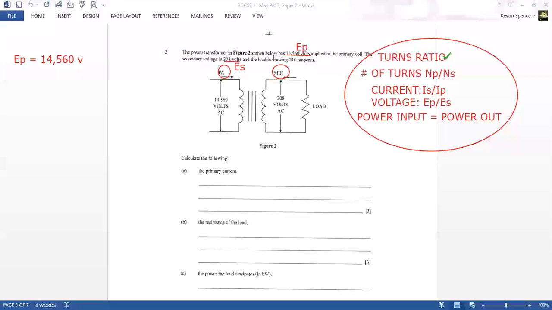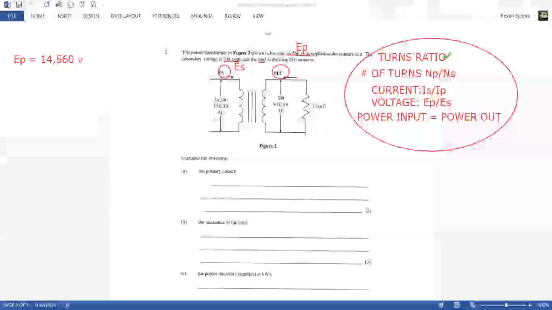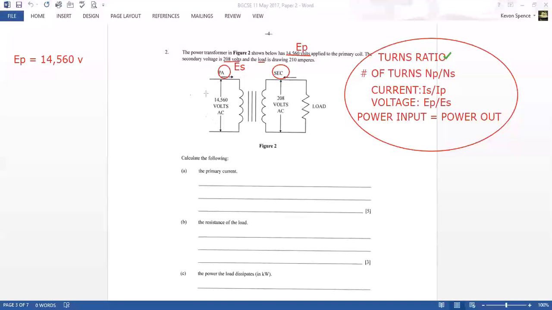And then it says the load is drawing 210 amperes. So now you say to yourself, the key word here is load, and you look on your diagram and you remember that the purpose of the primary coil is to supply the transformer with the input. So the primary side is input and the secondary side is output.